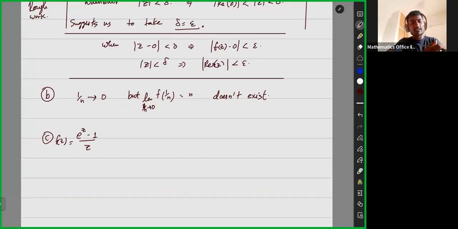E power z is continuous and differentiable, and minus 1 is the same. It is becoming a rational function. E power 0 minus 1 becomes 0 divided by 0, something like 0 by 0, and that is not valid. Now we need to check in some other way.